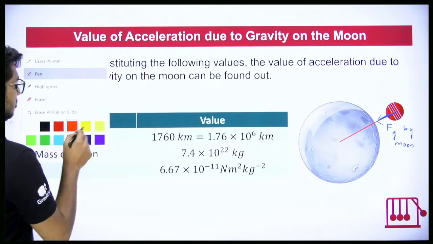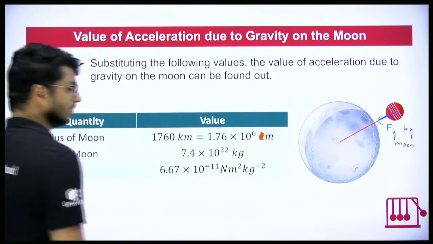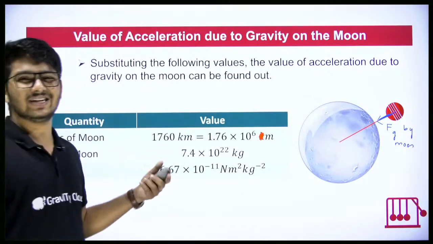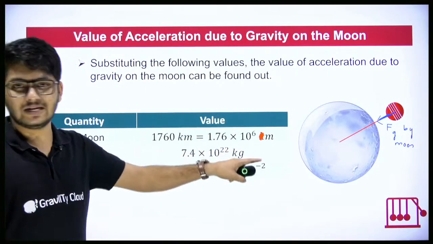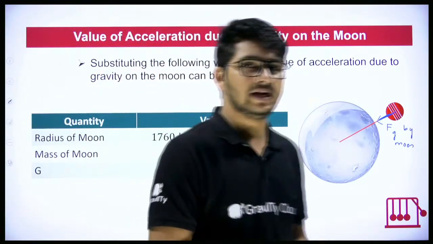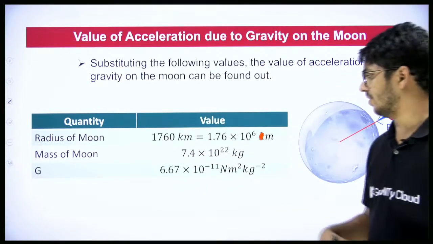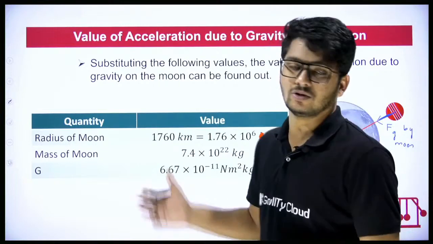Here it should be meters. So radius is 1760 kilometers. If I convert that into meters, I'll get 1.76 into 10 power 6 meters. Meter is the SI unit of length. Mass is given as 7.4 into 10 to the power 22, and capital G we know.